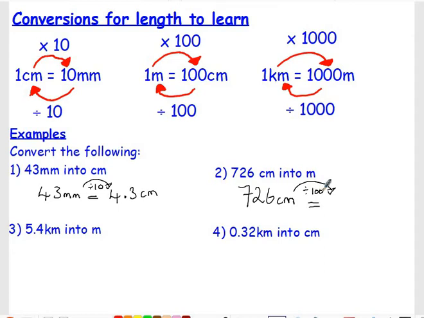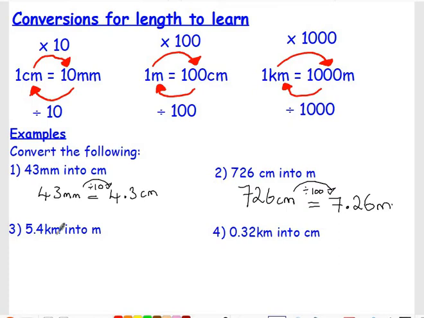When we divide by 100, we move each digit 2 places to the right. So the 7 is going to go from our hundreds to our tens to our units. So we're going to end up with 7.26 metres. Okay, so 726 centimetres is the same as 7.26 metres.